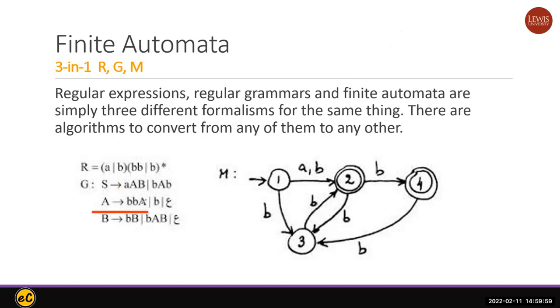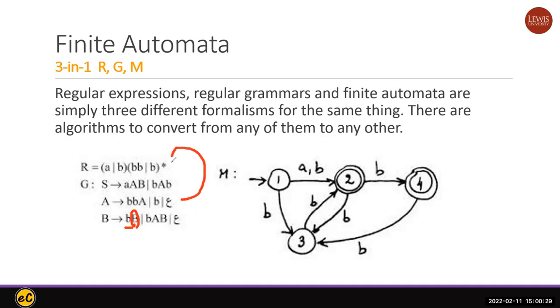The A state can have BB and A, so repeating BB with the A state, or with a single B symbol. So this one is the A rule. The B state will generate a B letter followed by another B letter. So B is starting with a B letter, and A is BB followed by A. So this is the rule.